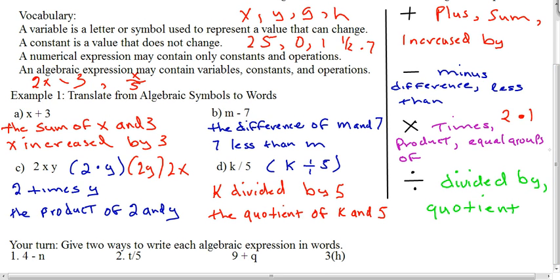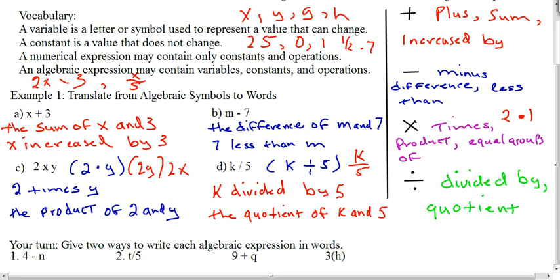And the last one that we want to look at is division. Now, when you're dealing with keyboards, you'll see that little slash, so that'll be k divided by 5. It can also be written as k divided by 5, like that.